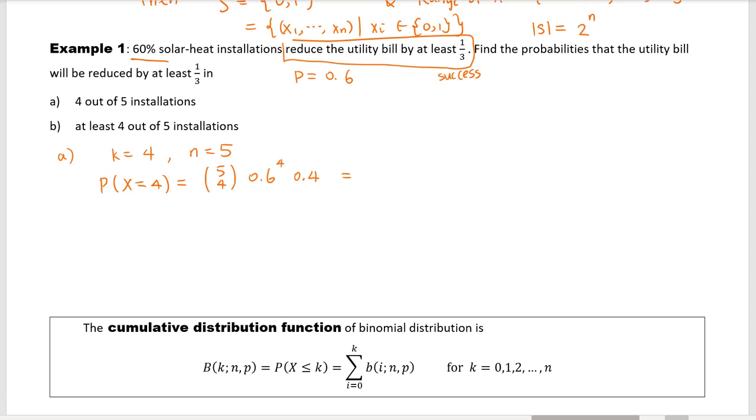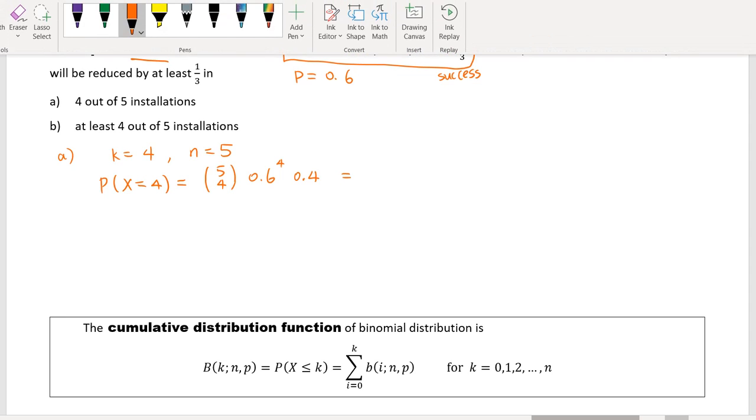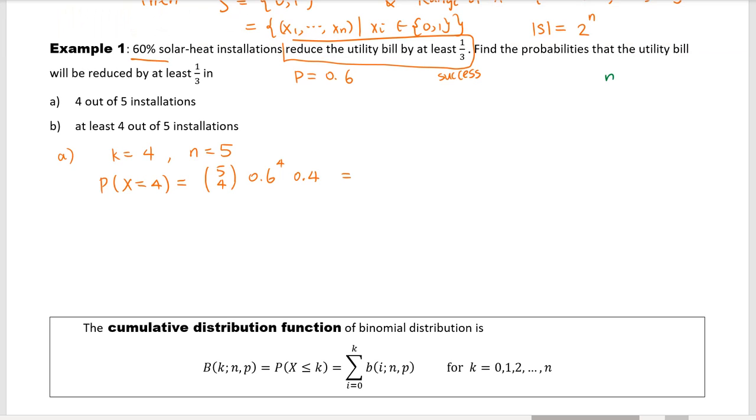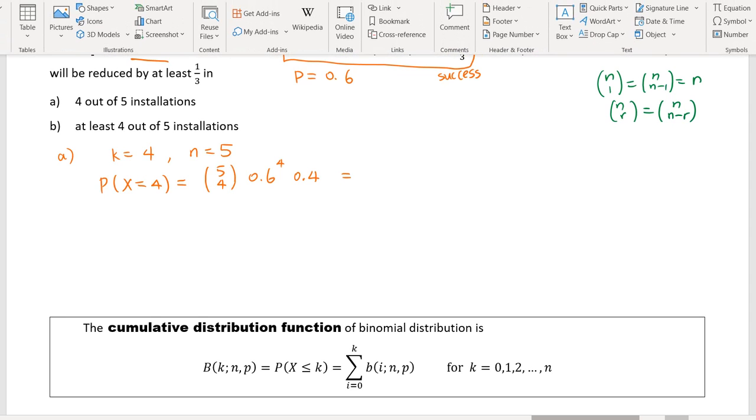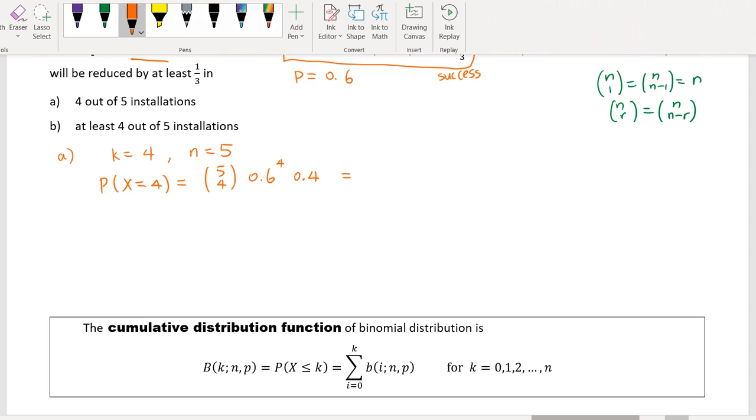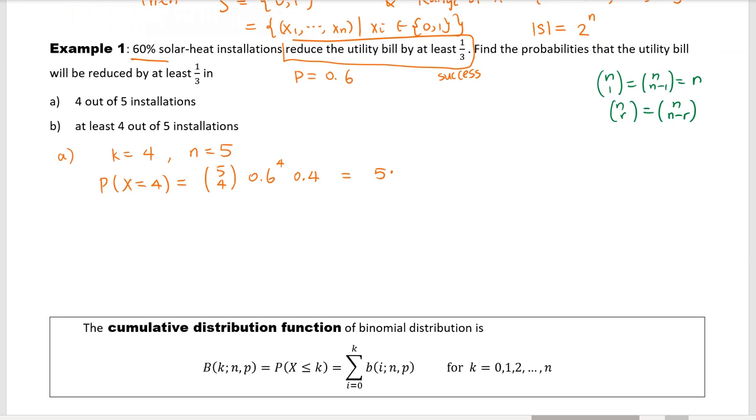So what is that? Well, 5 choose 4. Remember that n choose 1 equals n choose n minus 1 equals n. And n choose r in general is equal to n choose n minus r. So 5 choose 4 is the same as 5 choose 1, which is 5. So 5 times 0.6 to the 4th times 0.4.